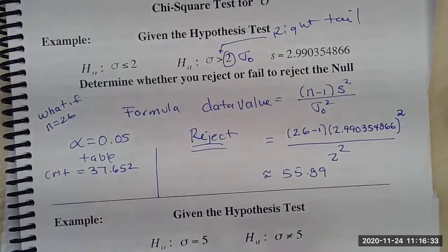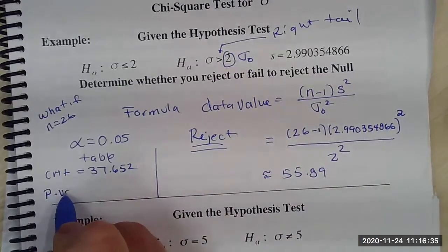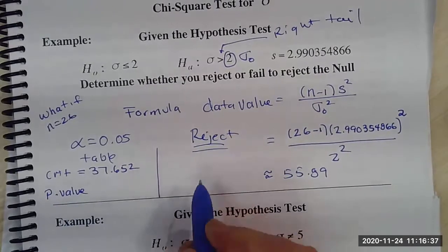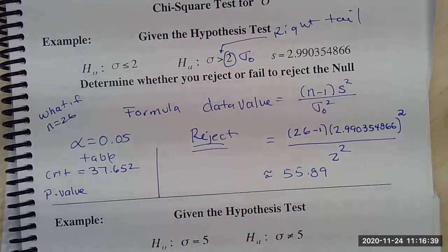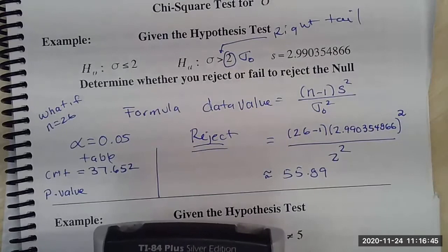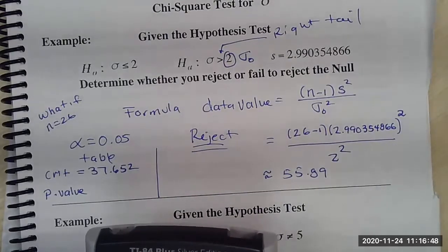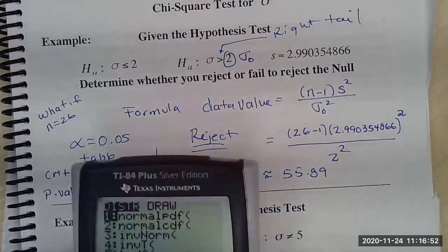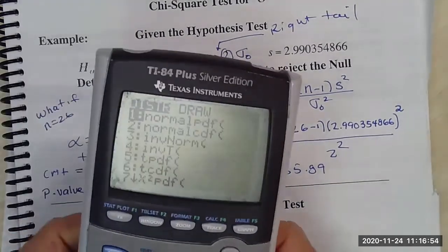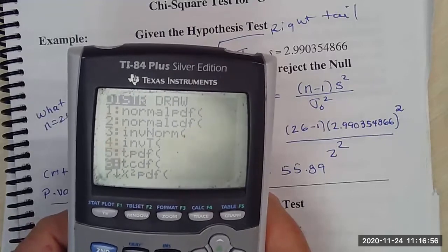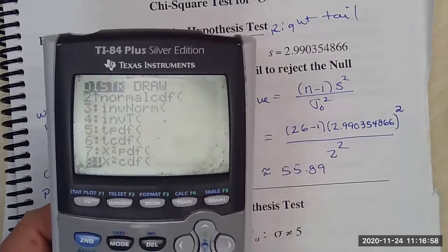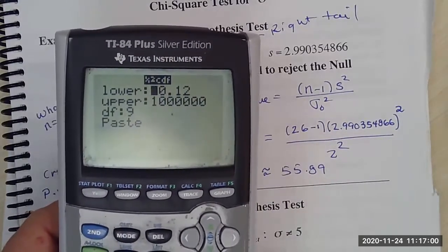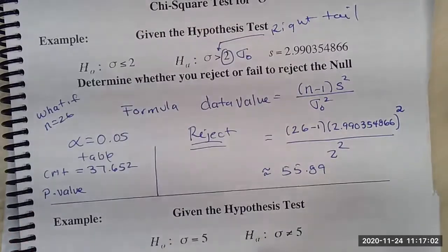Now I'm going to look for the p-value. If it's a reject the null, the p-value better be small, smaller than alpha, smaller than 0.05. So in my calculator, I go into second distribution, chi-squared CDF. It's a one tail right, correct.